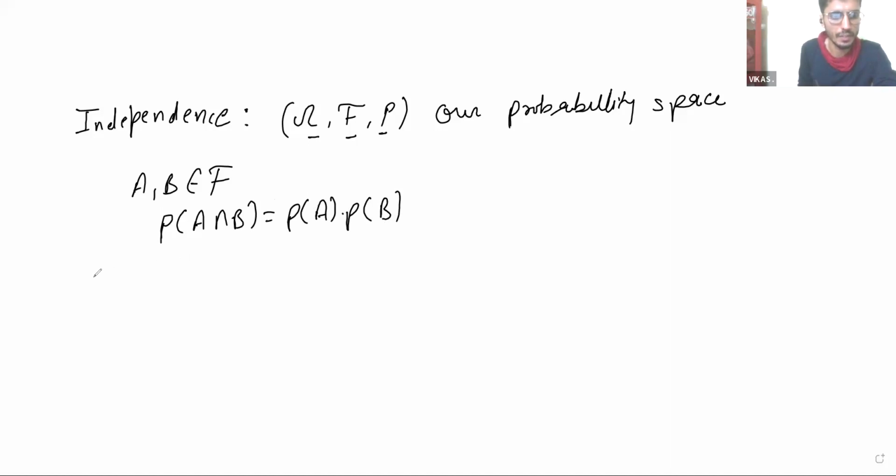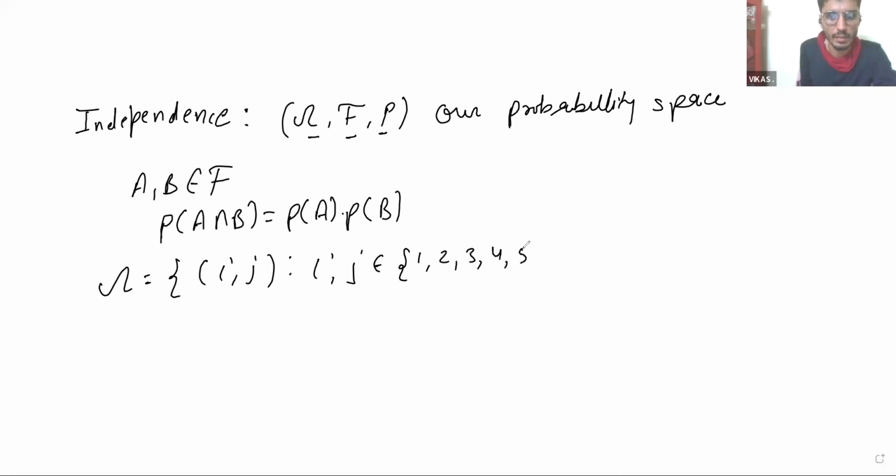For example, if I roll a standard six-sided die twice, or I can say I took two six-sided dice and rolled them, then what will be the sample space? The sample space will be (i, j) where i, j belong to 1, 2, 3, 4, 5, 6. I think that's a very basic example I'm giving you.